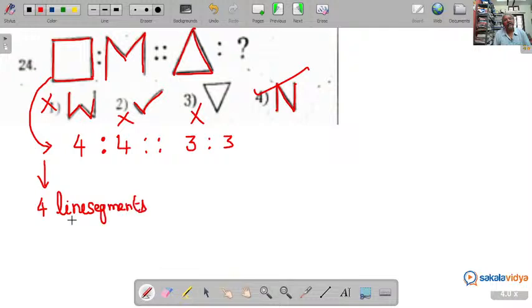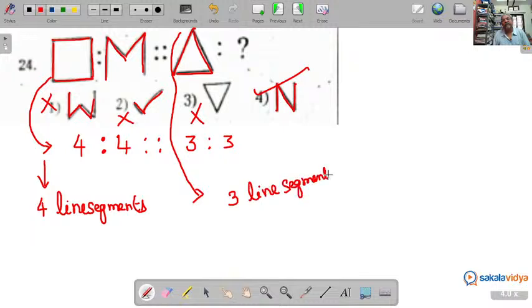They are formed with the help of 4 line segments. Obviously, this must be 3 line segments. 3 line segments means letter N itself only. Right.